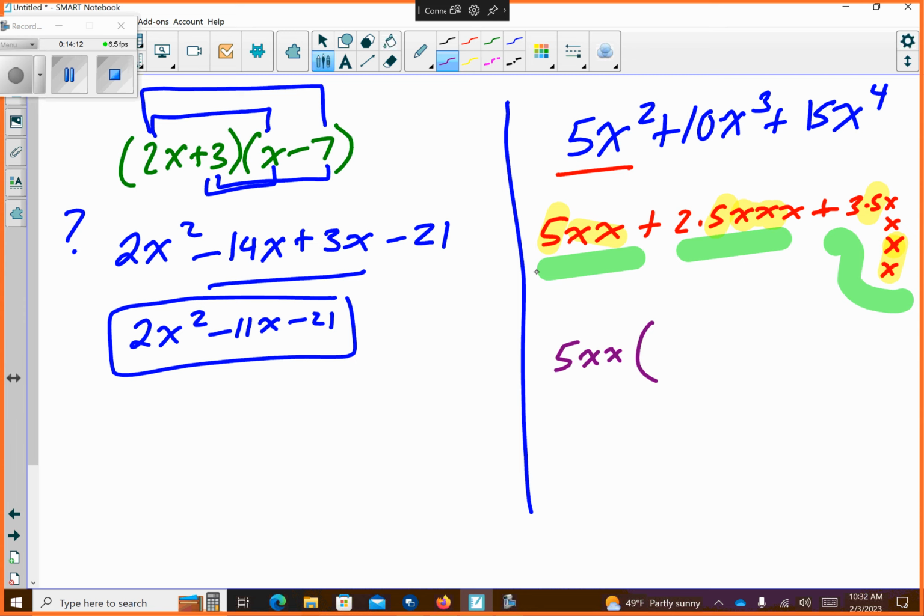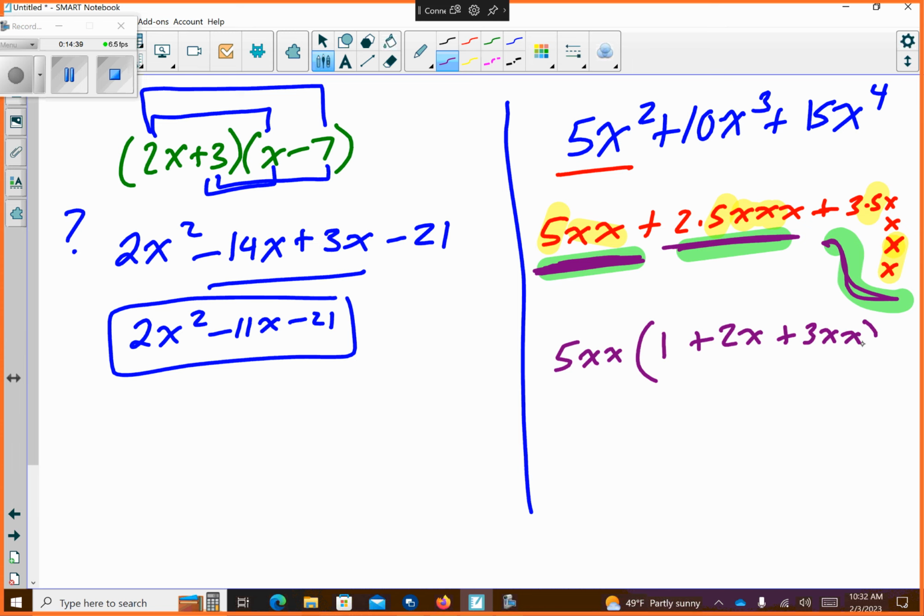Okay? What do I have left here if I factor 5xx out of 5xx? What I have right here? 1. Thank you. What do I have left here? 2x. And what do I have here? 3xx.